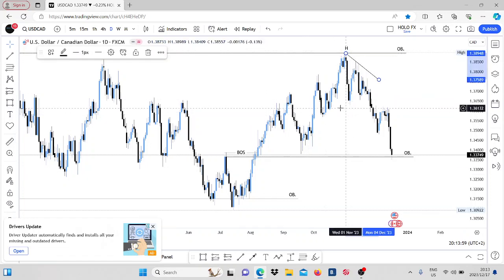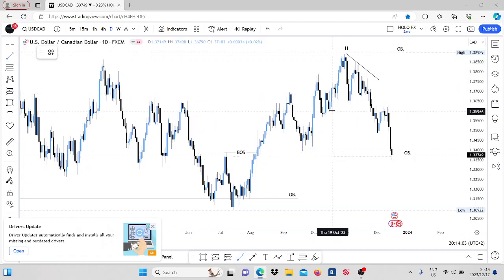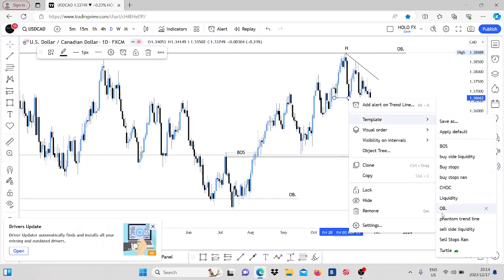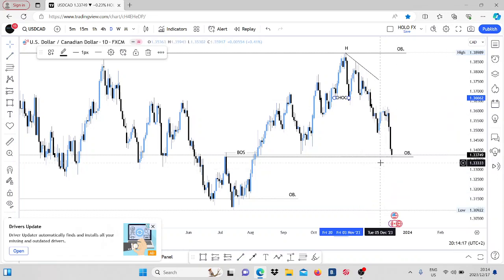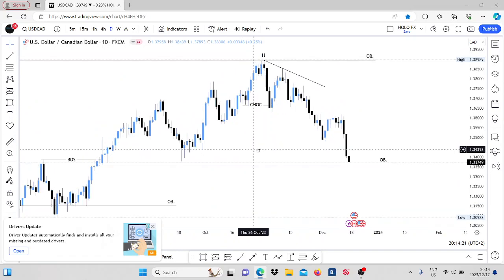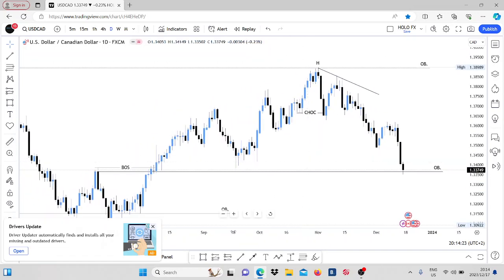Then price broke lower, violating this low. This low was violated, forming our change of character, right?